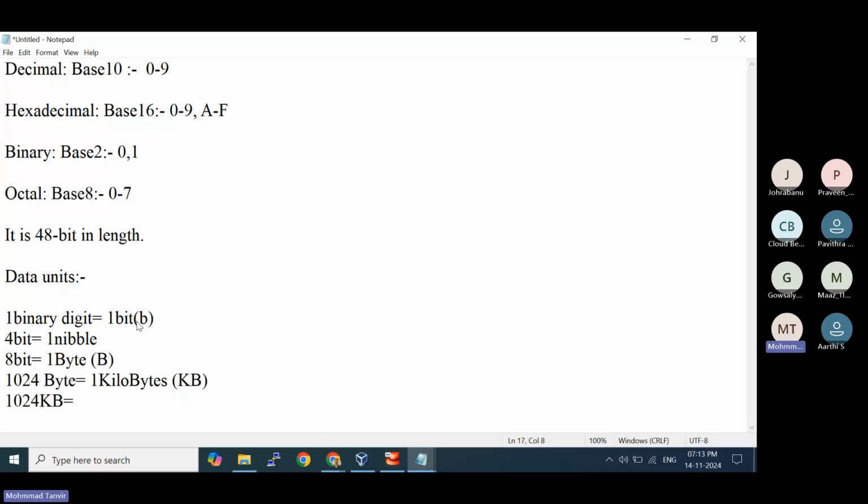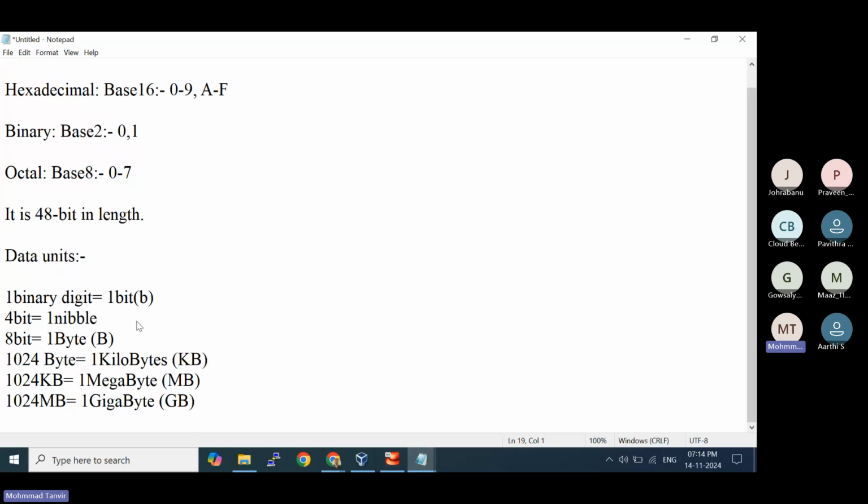1024 KB equal 1 megabyte, represented as MB. 1024 MB equal 1 gigabyte, GB, and similarly 1024 GB equal 1 terabyte, which is TB.